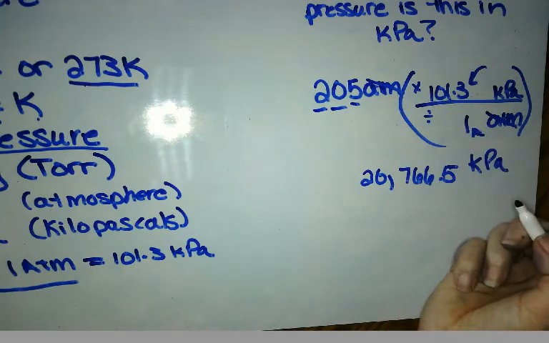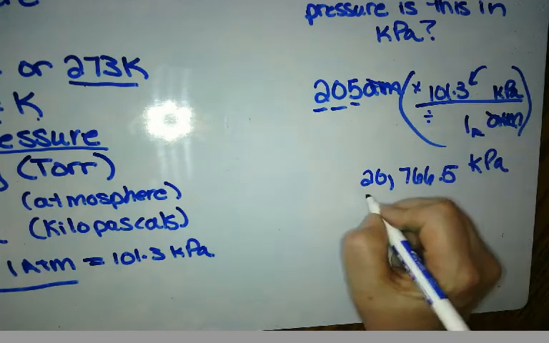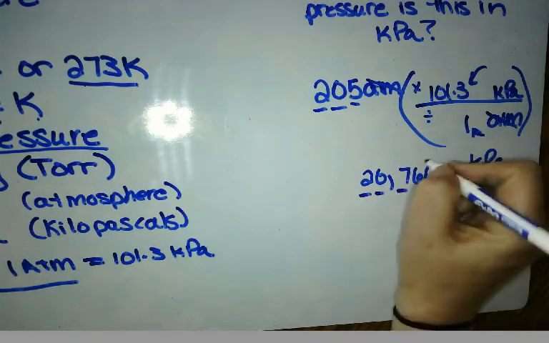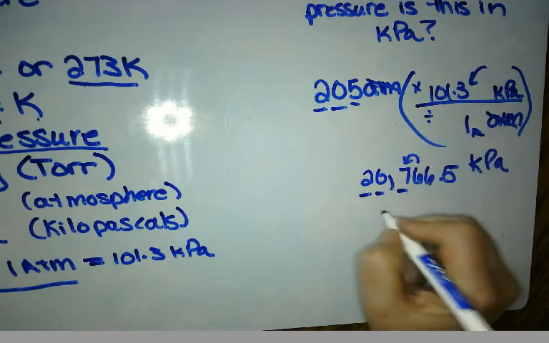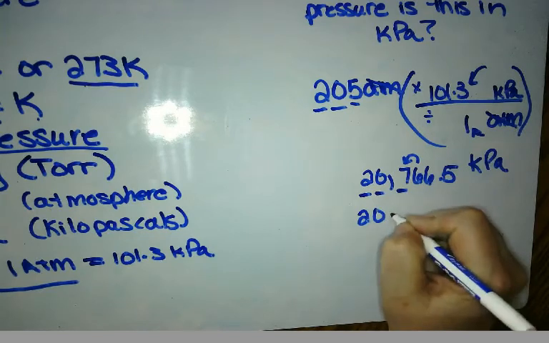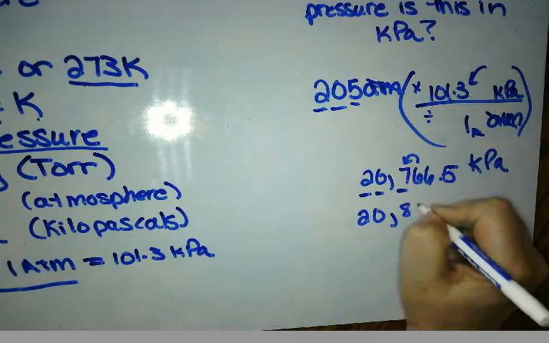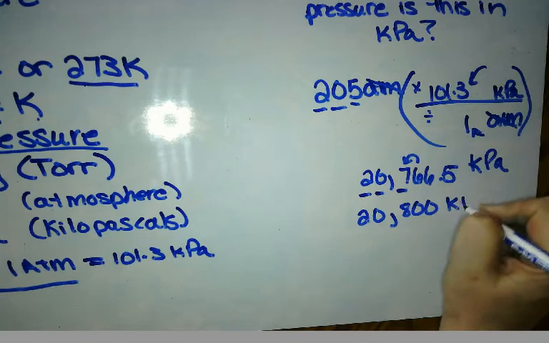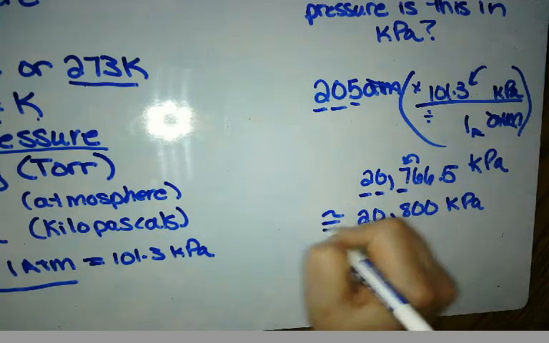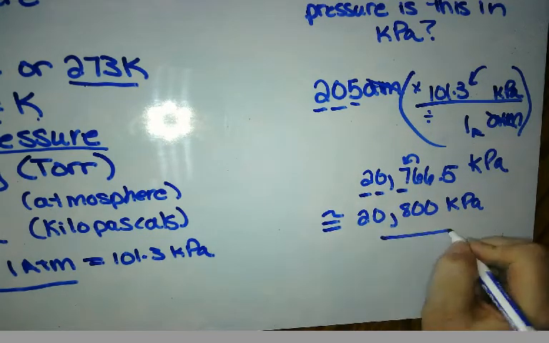So if I wanted to put it in sig figs, I would underline my 1, 2, 3. Does the 6 round the 7? Yes, it does. So it's still 20,000, but now it gets rounded to 800 kilopascals. Okay, so that would be correct with sig figs.